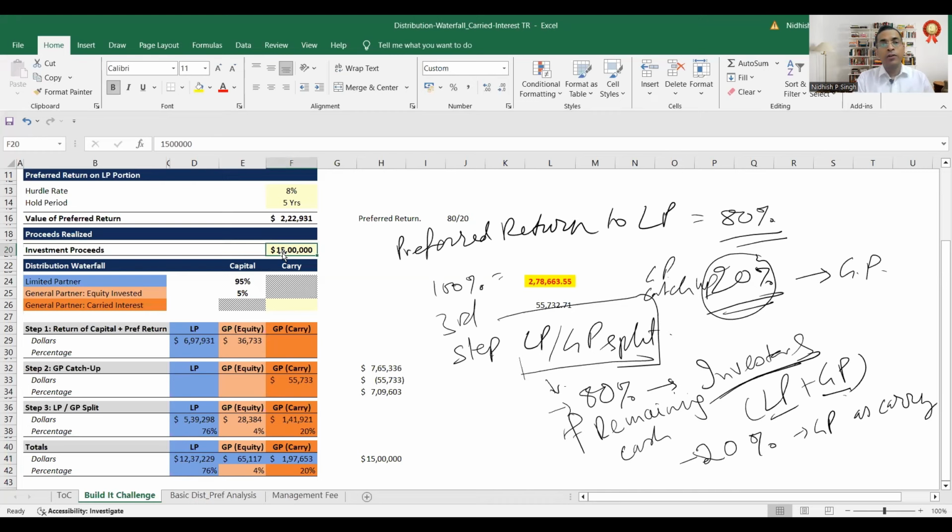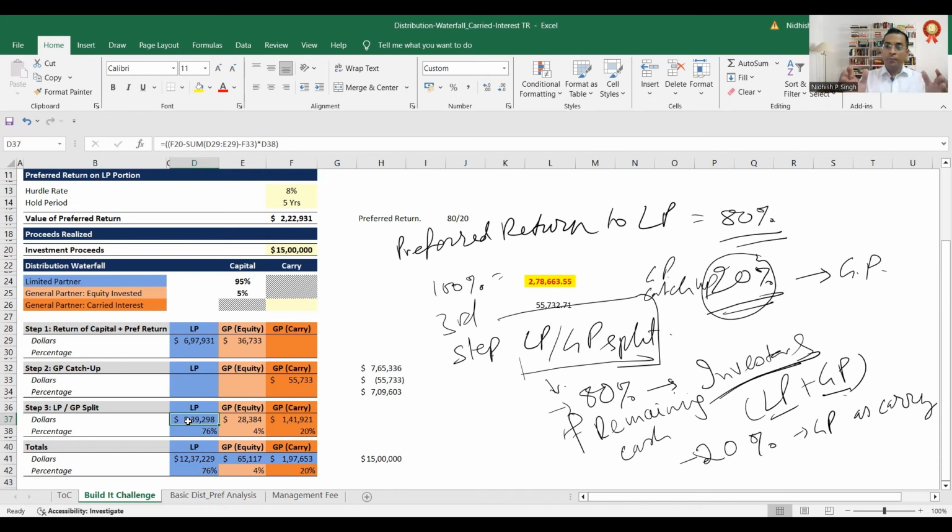So all the cash which was generated from the business has been distributed in a very structured way. What are we doing? First, return of capital and preferred return at the rate of 8%. Then we calculate the GP catch-up, assuming that this amount is 80% of the return that should be given. We calculate 100% and then take the 20% for GP. So that is called GP catch-up. The third step is the LP-GP split.